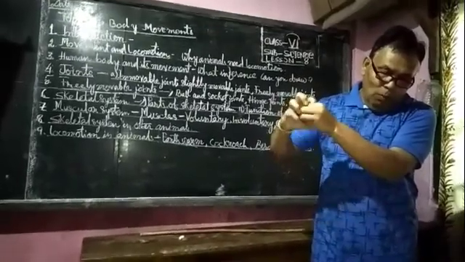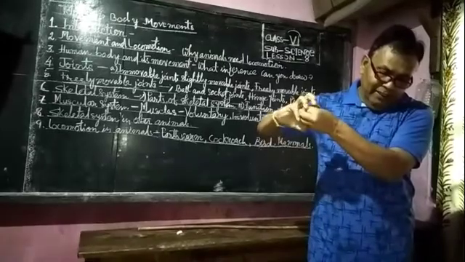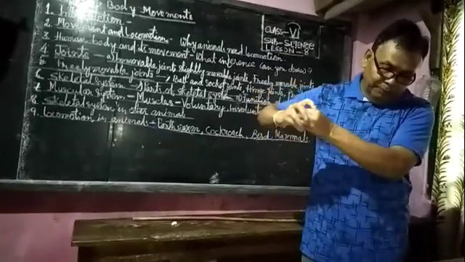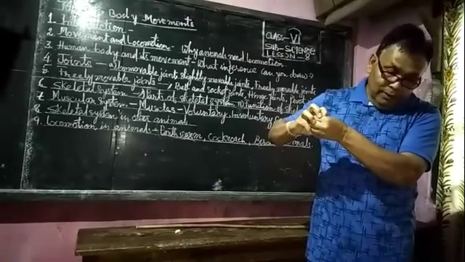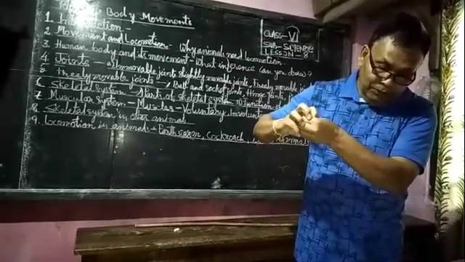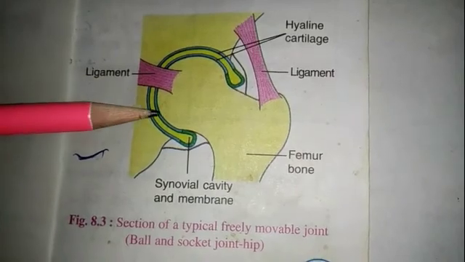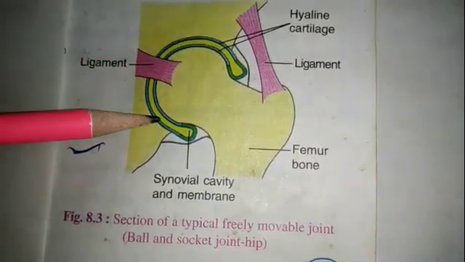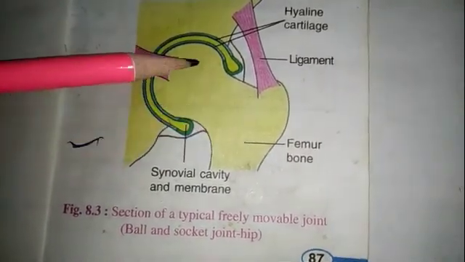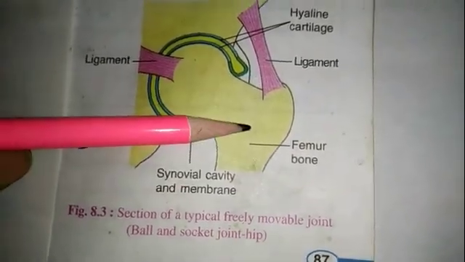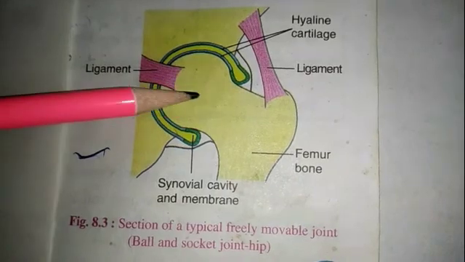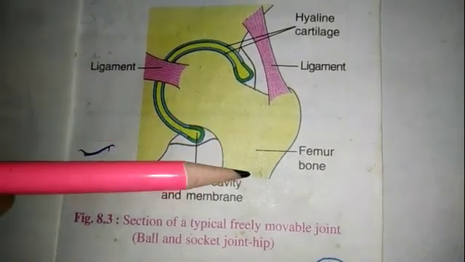This allows movement in all directions. See the picture. It is a cup-like socket, and here it is the ball. So this part will move in all directions.